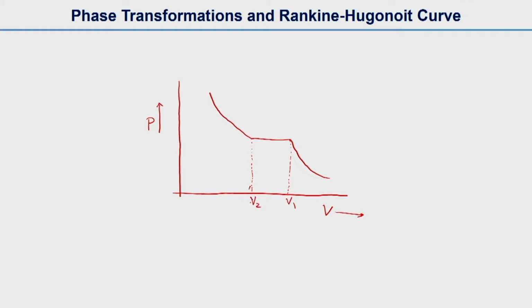This pressure corresponds to PT, we can write this is the transformation pressure. That is the pressure at which the transformation will occur, and in this range of volume, V1 to V2, two phases coexist.